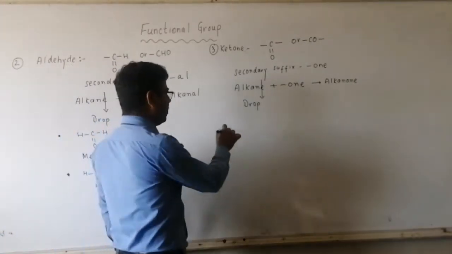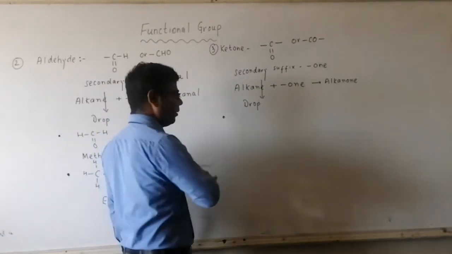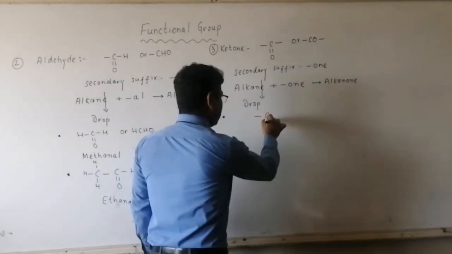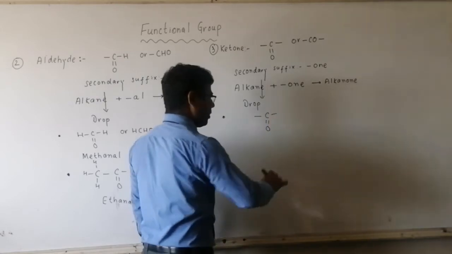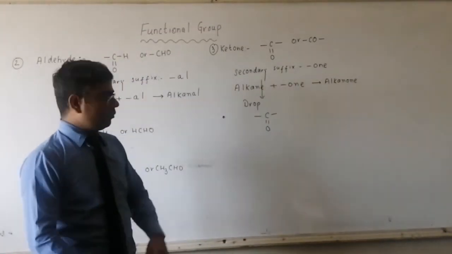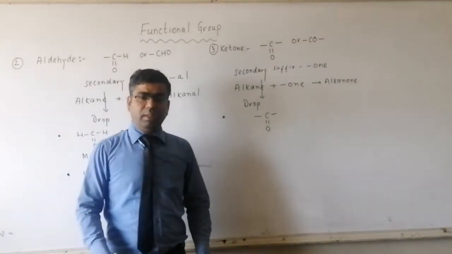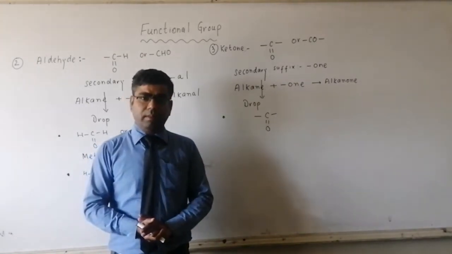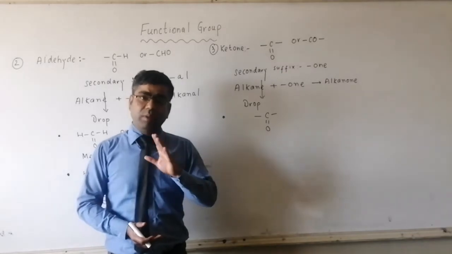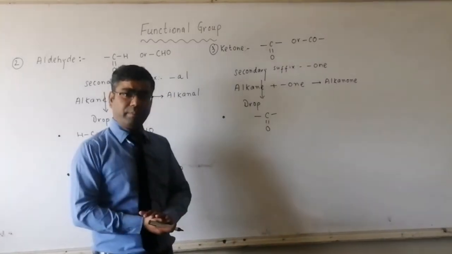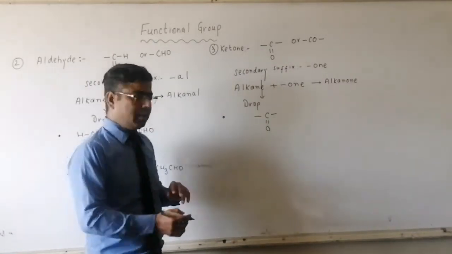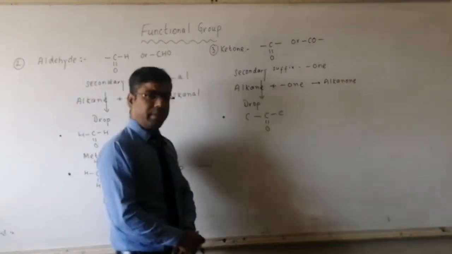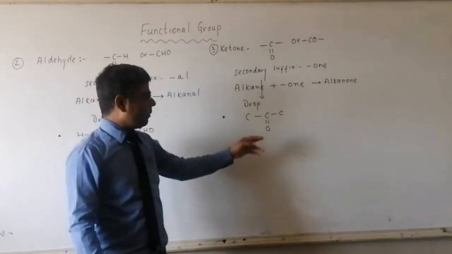Now let us form the first member. Draw the ketone group first. The group is surrounded by carbon atoms on both sides. It means a minimum of 3 carbon atoms will be required for getting the first member. One is already there. Now place one more carbon, one more carbon. Now check the valency.